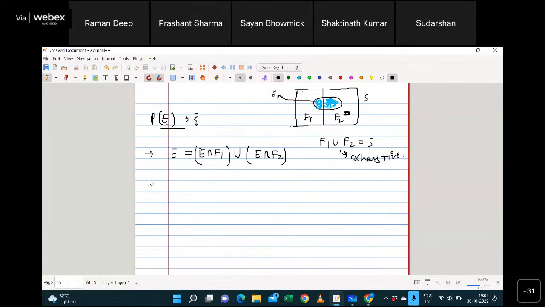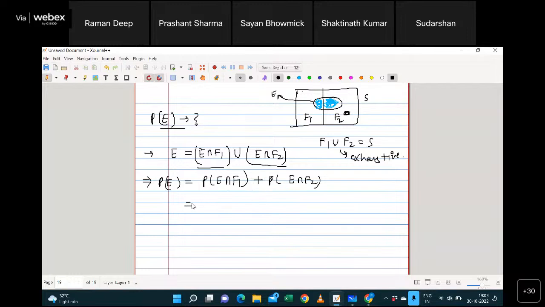Now, we can just apply probability: probability of E is nothing but probability of E intersection F1 plus E intersection F2. I said these are mutually exclusive and exhaustive. The meaning of mutually exclusive is that they are disjoint, so the intersection part of this event and this event will be 0.